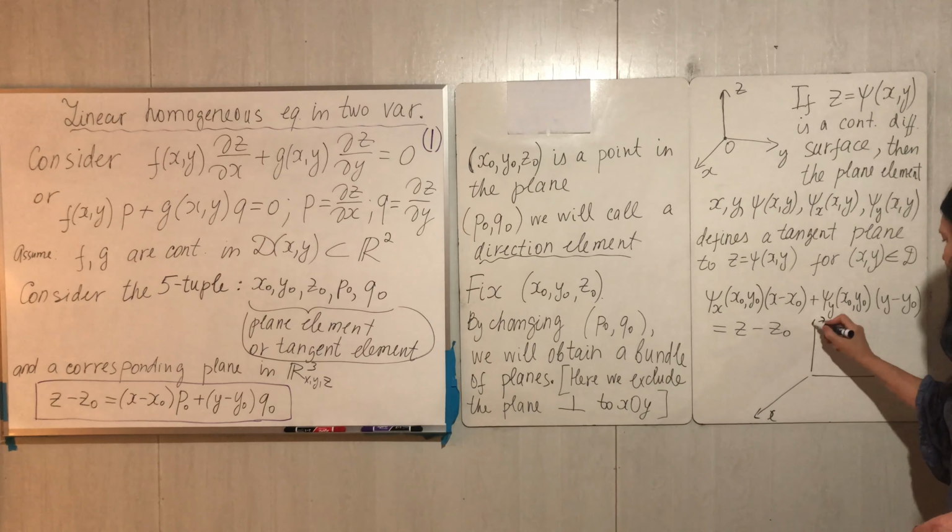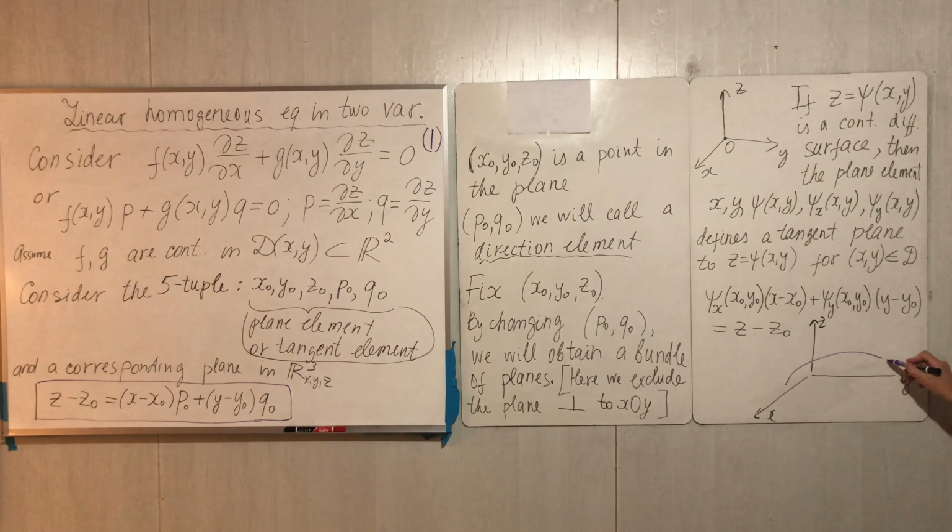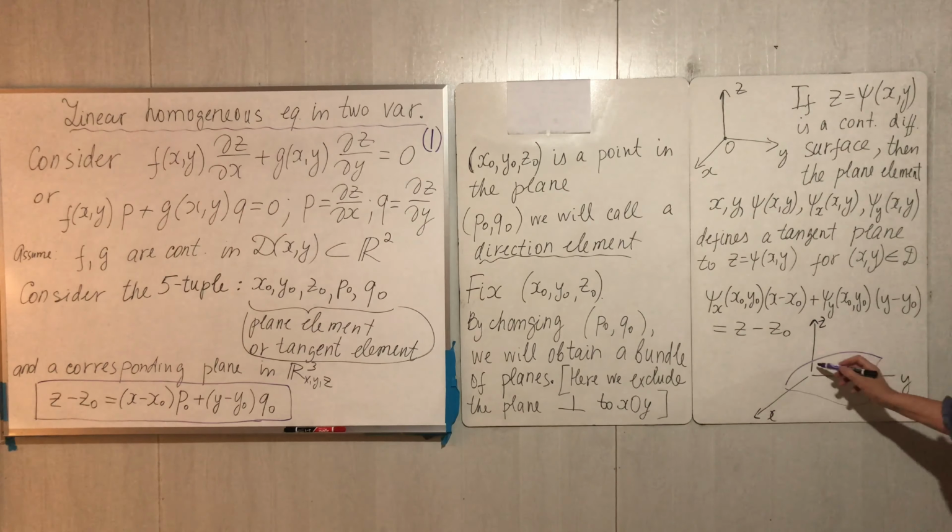And then we draw our surface, z equals psi of x, y. On this surface we can take a point with coordinates x0, y0, z0, right? That would be our point.